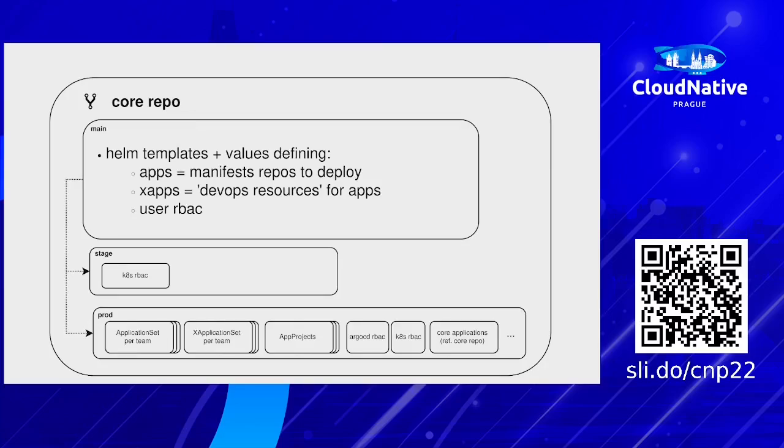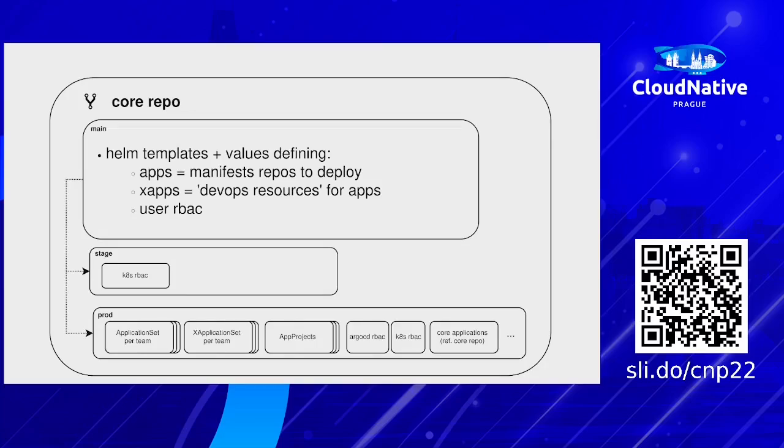And for each application set, it also contains a next-prefixed application set for DevOps resources. Basically, those are resources like network policies, resource quotas, external secret stores, namespaces, and other cluster resources that we don't want the developers to be creating.